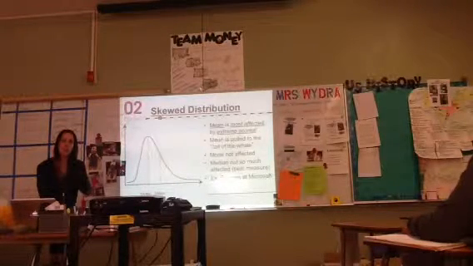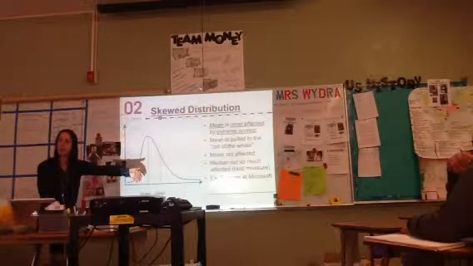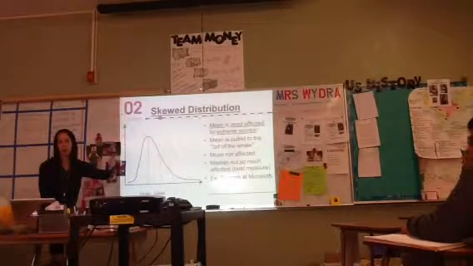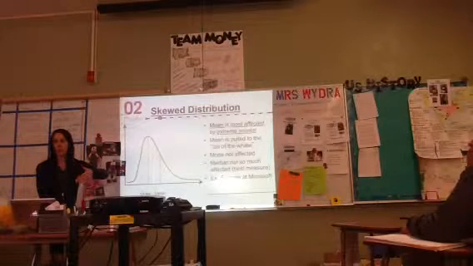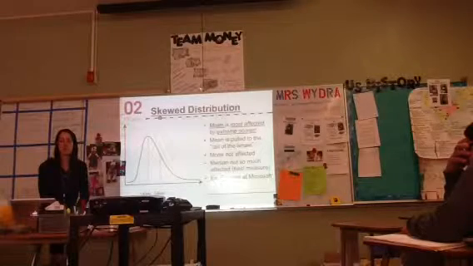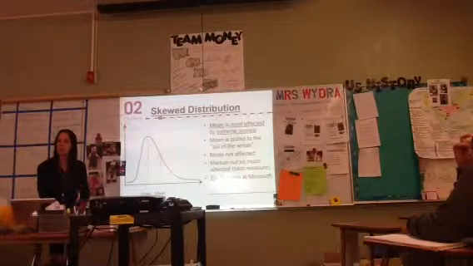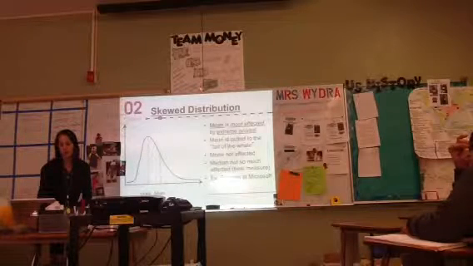Even though most of the people make 60,000, when you have Bill Gates making 2 billion, the mean is going to look a lot higher, so it's going to look like people make more even though they don't. Okay? So in a skewed distribution, you want to use the median or the mode. The median is probably your best bet. Okay?